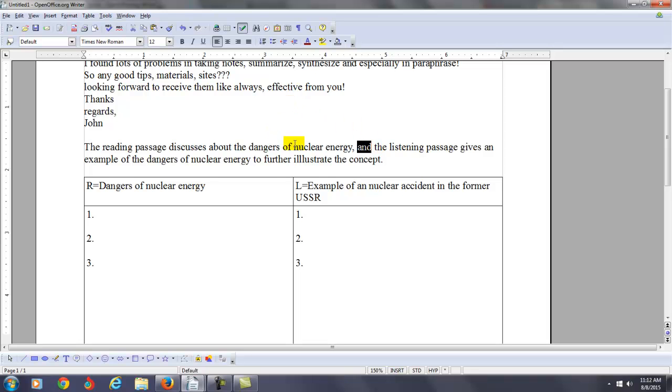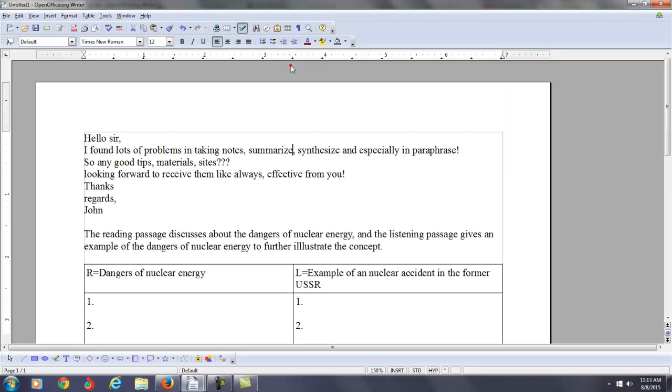So now we can see we've connected the main idea from the reading and the listening passage together. That's why I referred you to the grammar part of my course, specifically the lesson dealing with compound sentences. You have to know how to form compound and complex sentences if, of course, you want to synthesize ideas. Do you see what I'm saying?